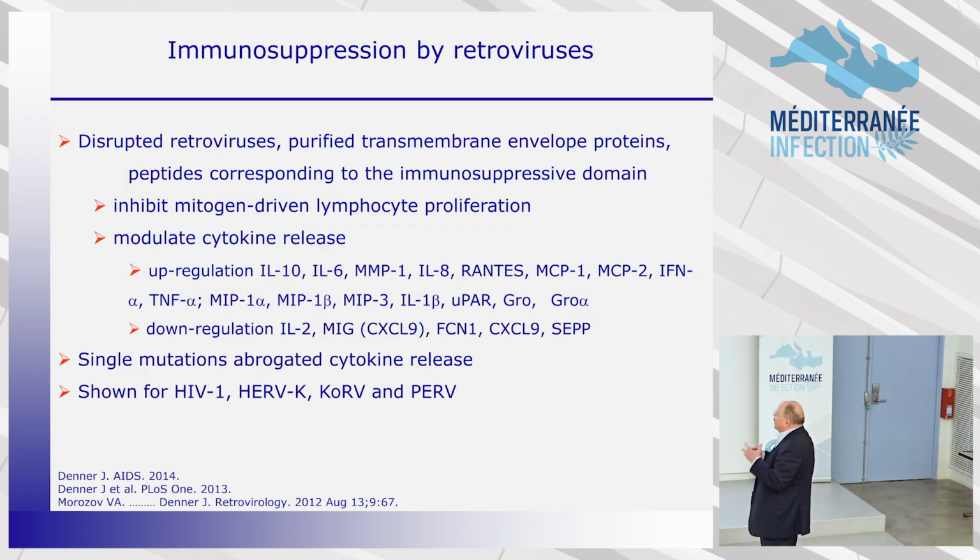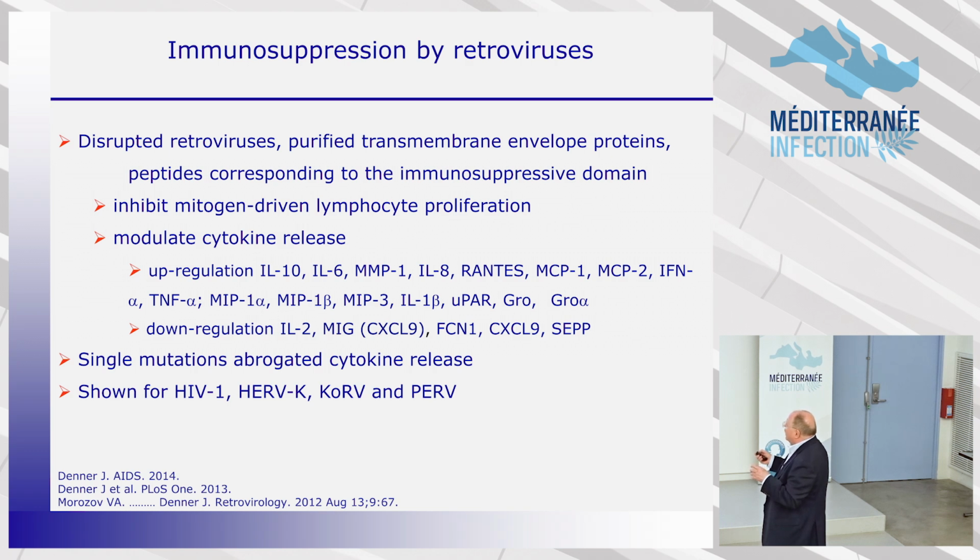As I said, retroviruses are immunosuppressive, and my laboratory has shown that disrupted retroviruses, purified transmembrane envelope protein, and peptides corresponding to a highly conserved domain called the immunosuppressive region in the transmembrane envelope protein inhibit mitogen-driven lymphocyte proliferation. They modulate cytokine expression.